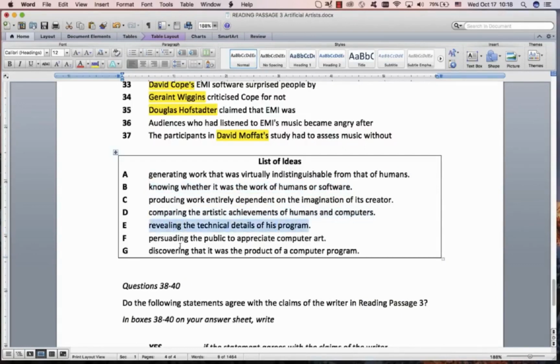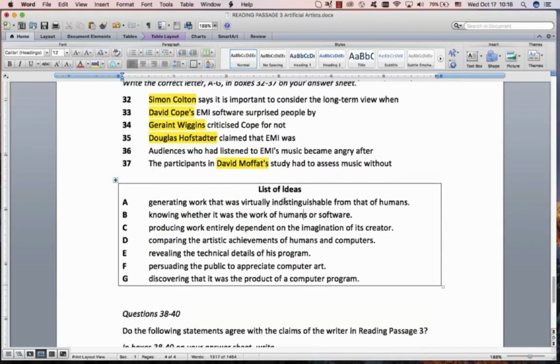Technical details, no. Persuading the public to appreciate computer art, no. Discovering it was the product of a computer program, no. So you're going to read through these carefully. You need to know these well. That first one was one of these three, I would say, because the word humans is there. I think we can do it. I think it's straightforward enough and easy enough to actually do this one first.